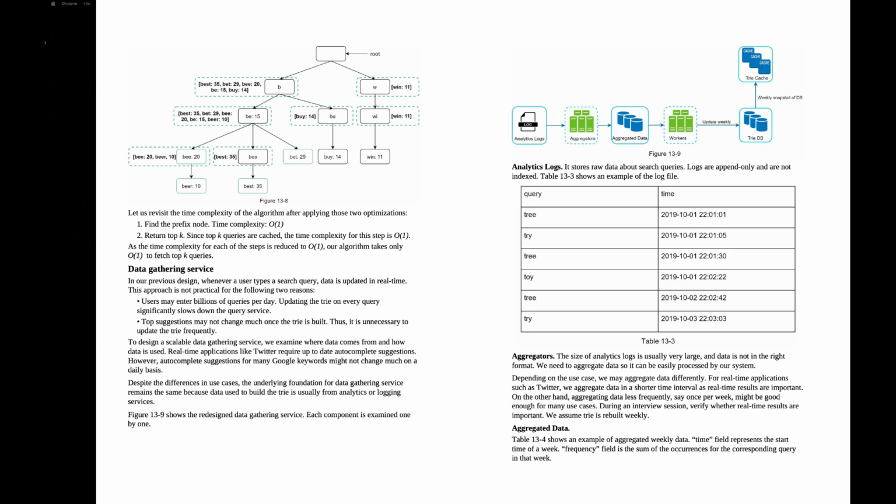Data is updated in real time. This approach is not practical for two reasons. For every query, it slows down the query service.